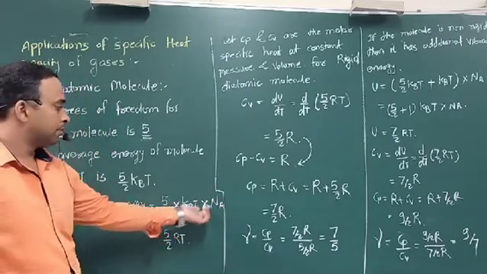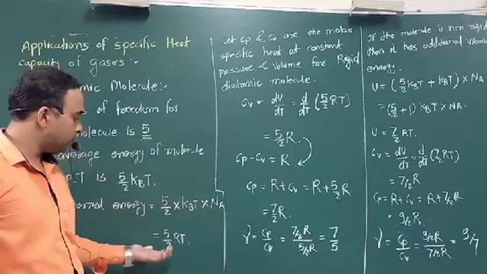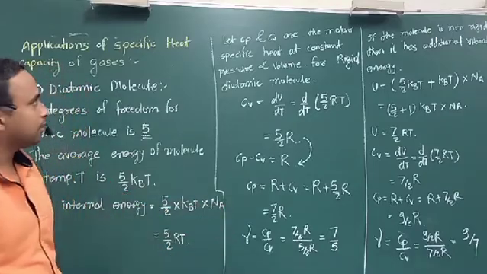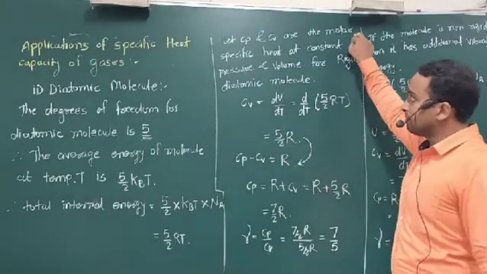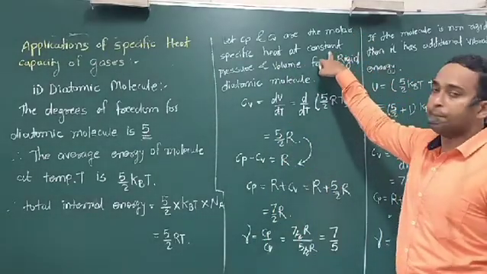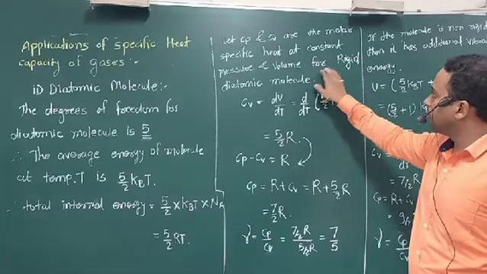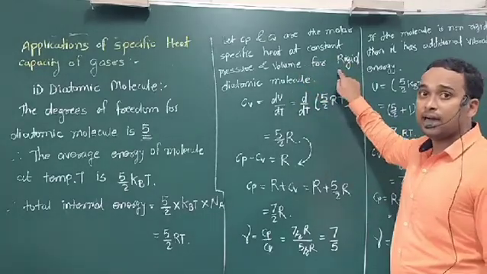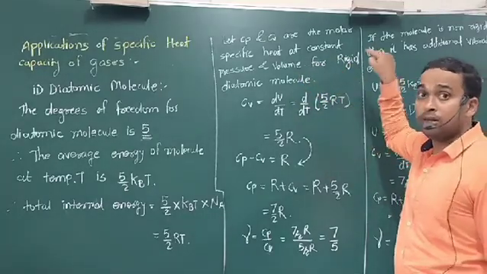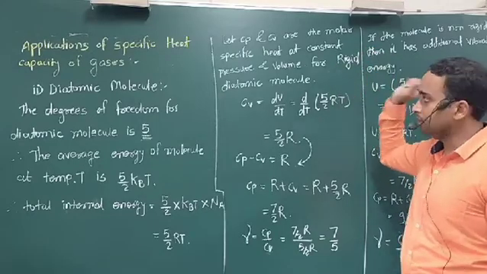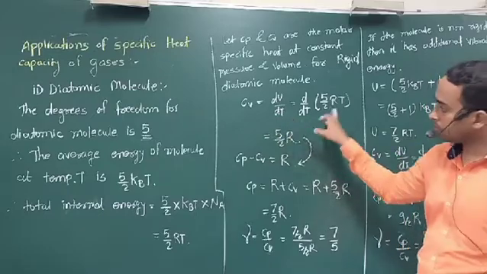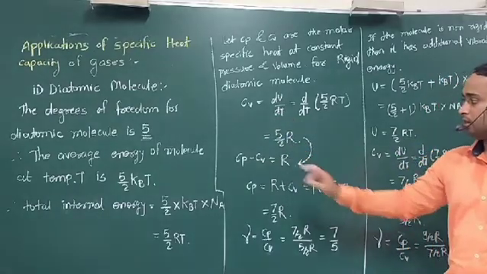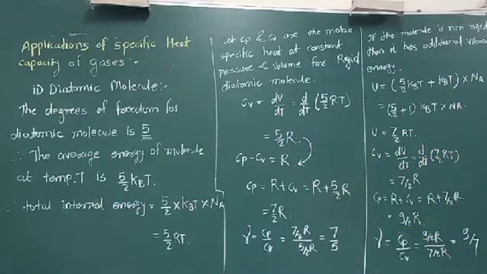So Boltzmann constant into Avogadro's number is equal to R, which gives 5 by 2 R. So Cp and Cv are the molar specific heat at constant pressure and volume for a rigid diatomic molecule. So we get Cv is equal to the derivative of U. We find this, then Cp.